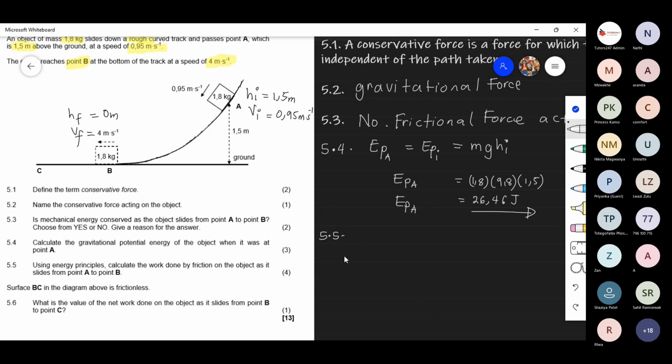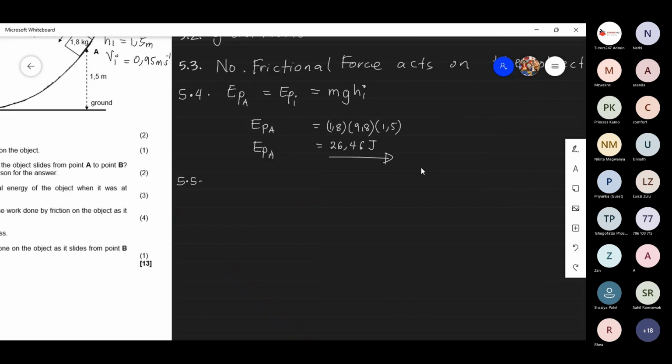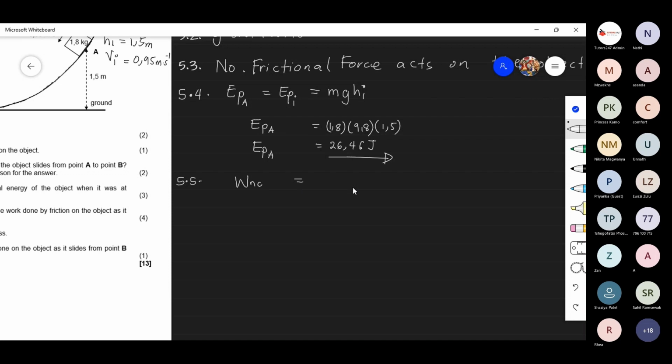So question 5.5. Using energy principles, calculate the work done by friction on the object as it slides from point A to point B. So we're going to use the same formula as we did previously. But for this particular formula, I'm going to change the potential energy.